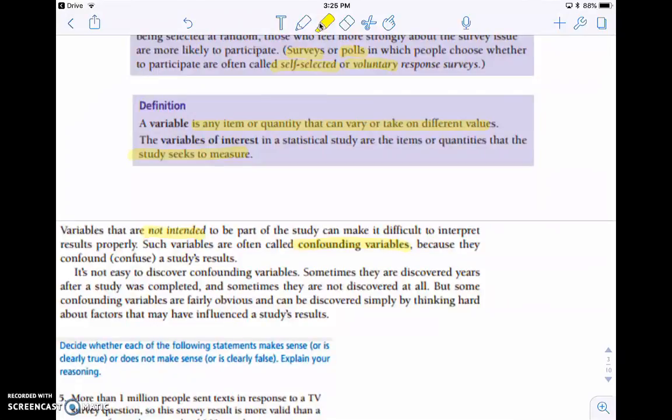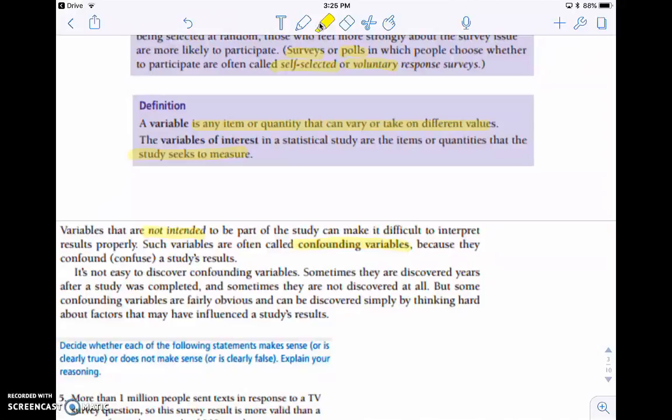Sometimes they are discovered years after the study was completed, and sometimes they aren't even found at all. We just can't explain all of the variations in the variables, and there are things that we just don't know. But some confounding variables are very obvious and can be discovered simply by thinking hard about the factors that could have influenced a study's result.